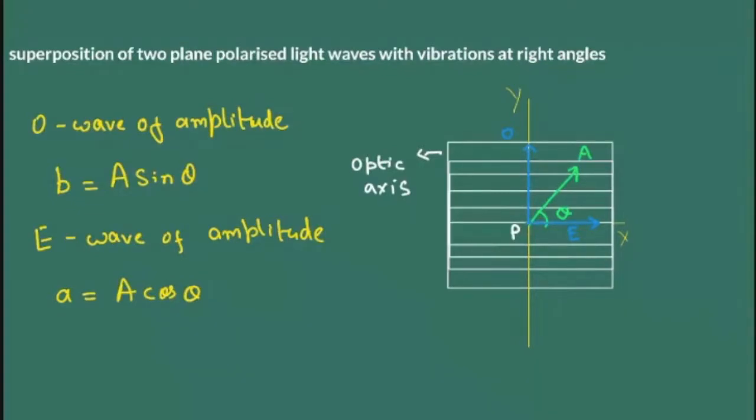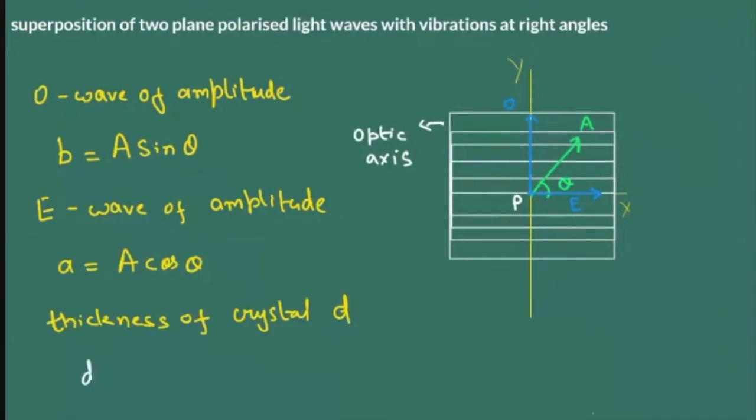So they will emerge with a path difference. And what will be the path difference? Let's say this crystal has thickness d, so it is d times (nO minus nE). I'm assuming this to be a calcite crystal, which is negative, so nO is greater than nE.